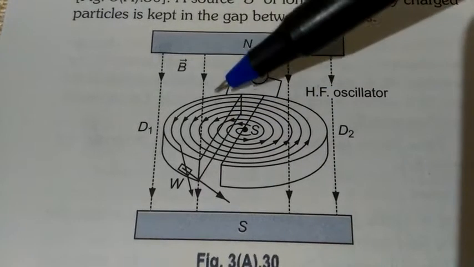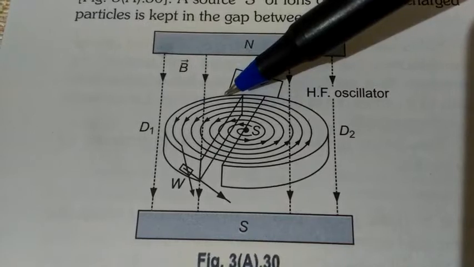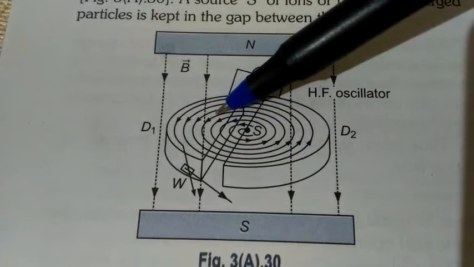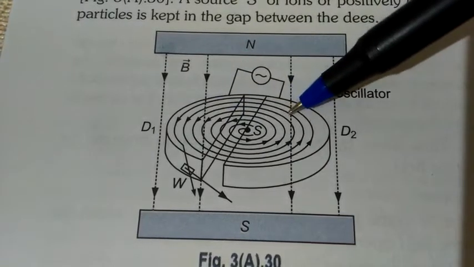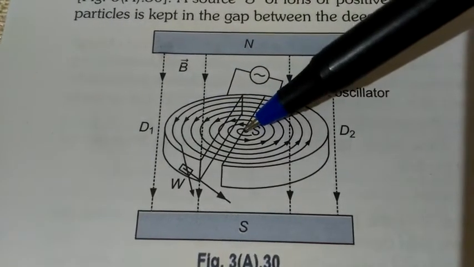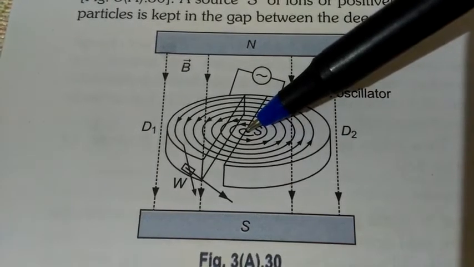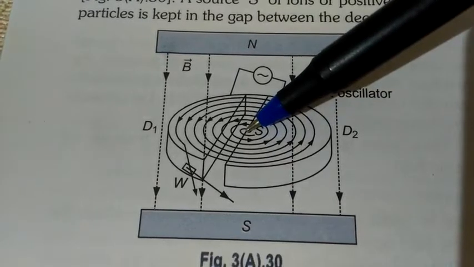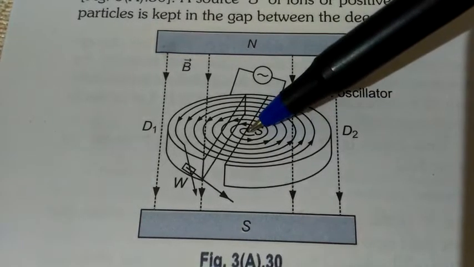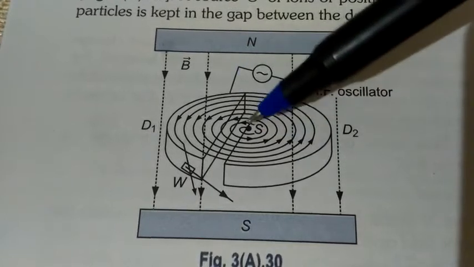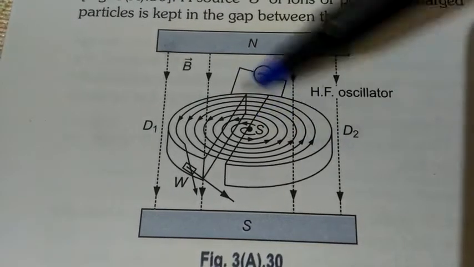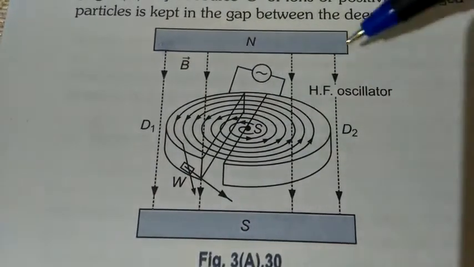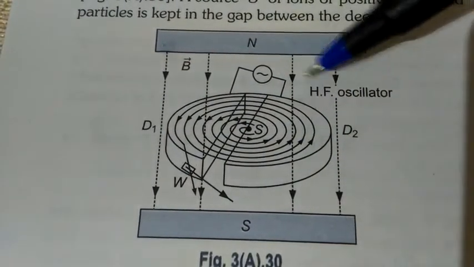Now suppose in first half cycle of the alternating current, D1 is at positive terminal, D2 is at negative terminal. Because the particle placed here is positive, what happens when D2 is negative? The particle will get attracted by D2 and it starts moving here. When the particle starts moving towards D2, you can see these are the magnetic fields, and their direction.